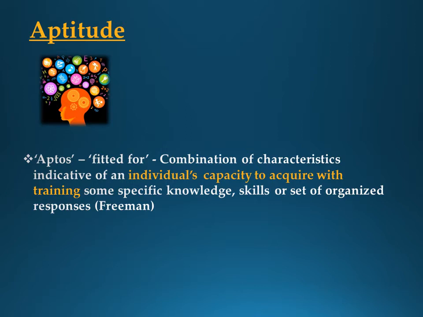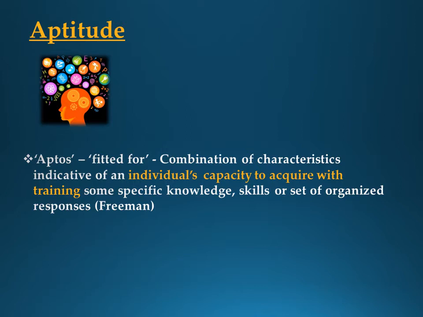So we're looking at a combination, which means a lot of kinds of characteristics together for aptitude, where an individual's capacity is tested, wherein the individual can acquire skills with training.